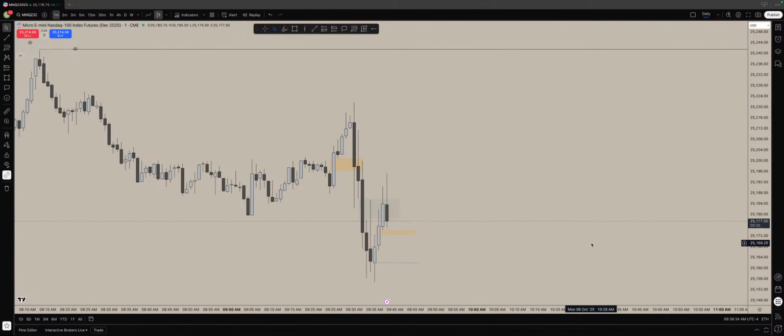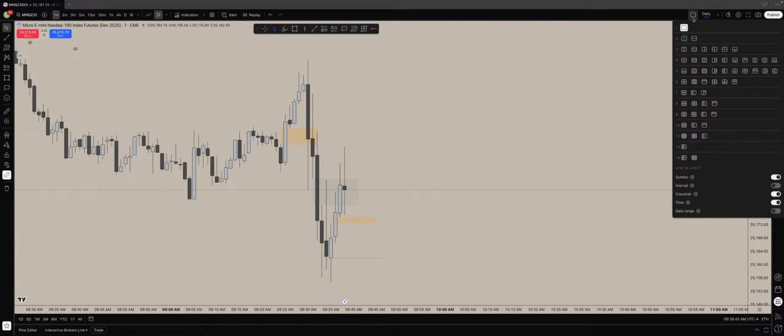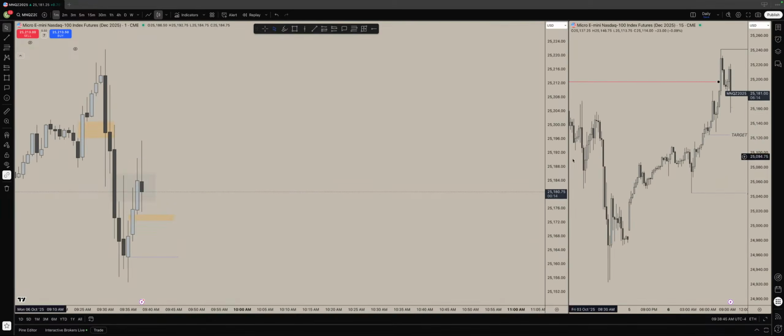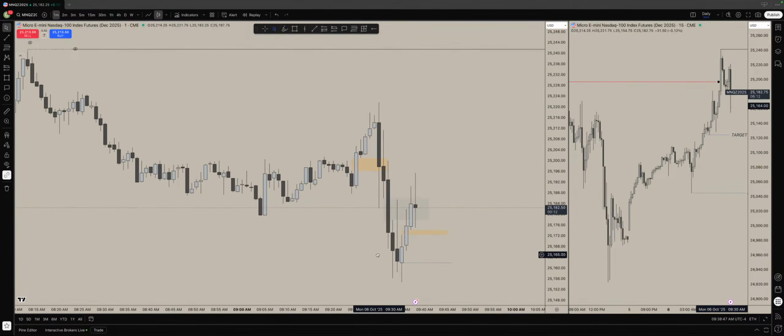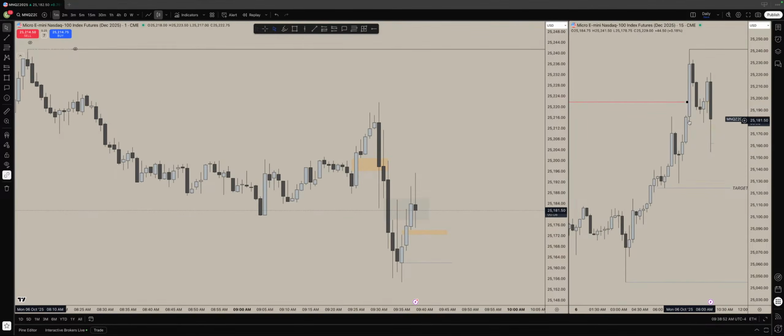All right, just like that is how I would expect price to move. You know what? Let me pull up the side by side, the 5 minute. This is the 15 minute.